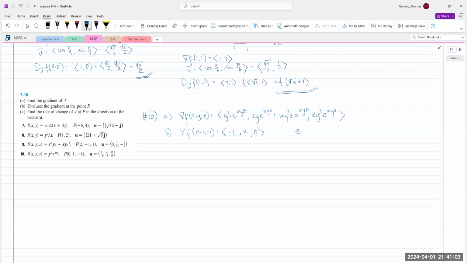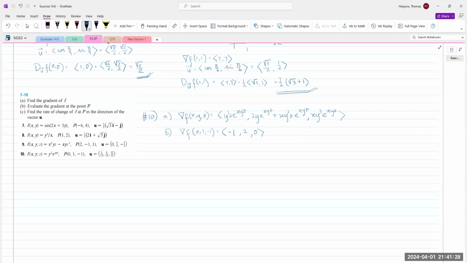Yeah, e to the 0 times 1 times negative 1 is e to the 0, which is 1, right? So it's basically y cubed times z, that's negative 1. 2 times 1, that's 2, plus 0, that's 2, and then 0. Yeah, so that's part B.